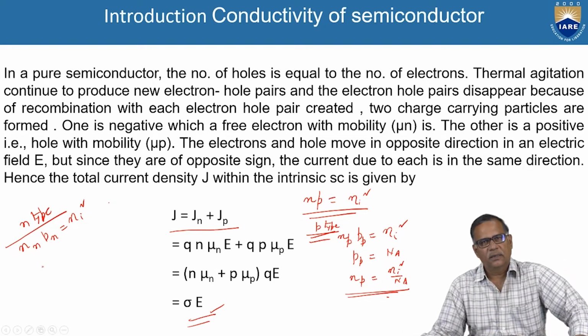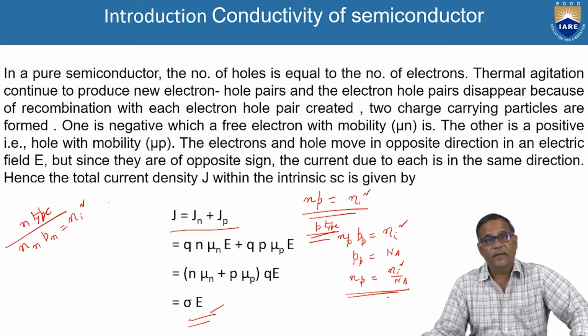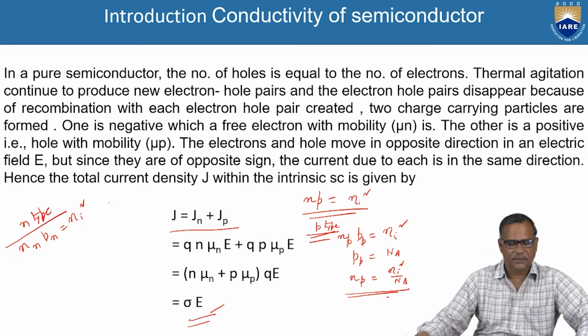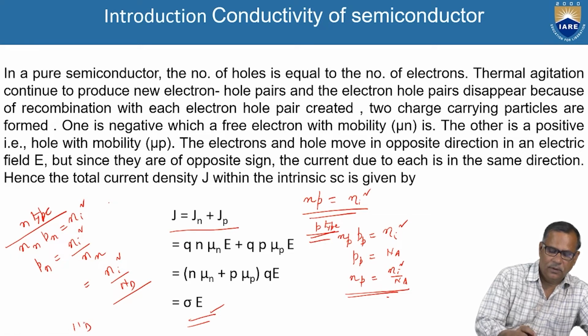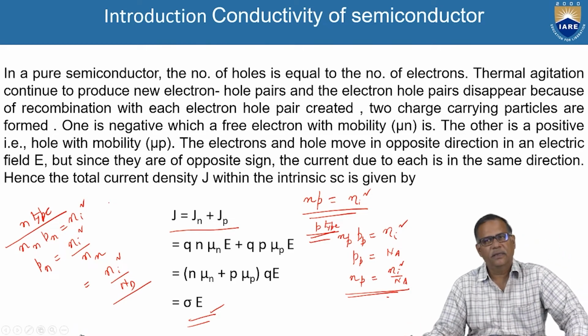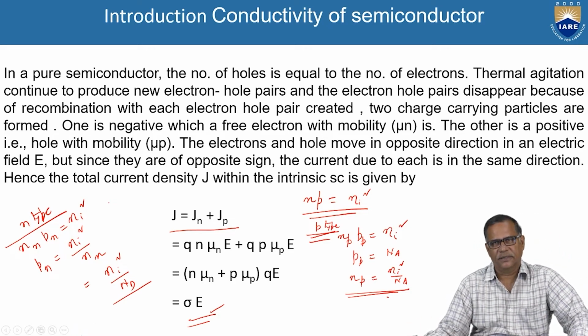We can say nn is equal to Nd, which is the donor atom's concentration. So pn is equal to ni square by nn, and that is equal to ni square by Nd, where Nd is the donor atom's concentration, and Na is the acceptor atom's concentration.